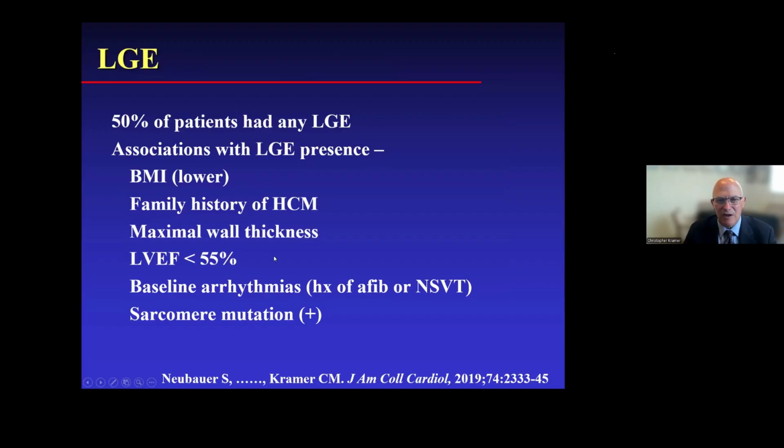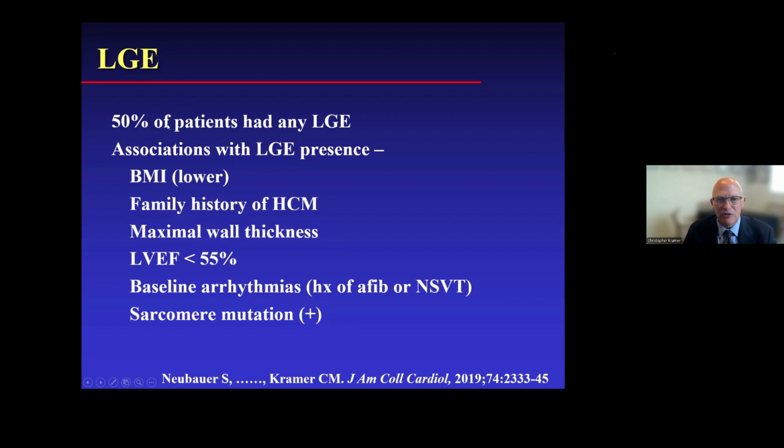Family history of HCM, again. Maximal wall thickness, so thicker walls, more LGE. The few patients with an EF less than 55% had more LGE. Patients with a baseline arrhythmia, so history of AFib or a non-sustained VT at baseline, had more LGE. And again, patients with a sarcomere mutation.